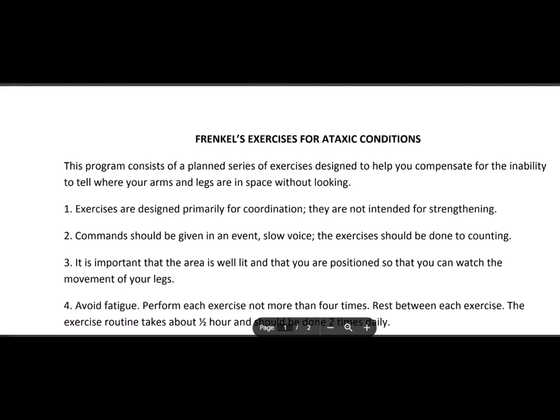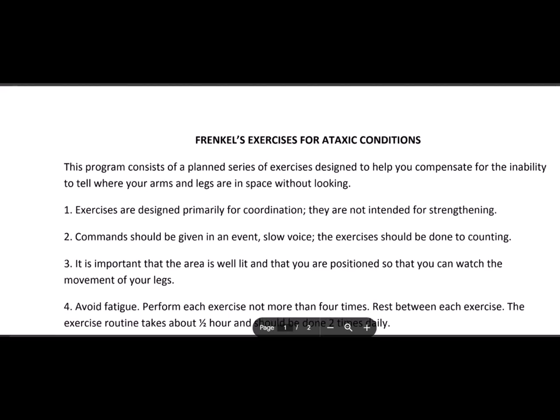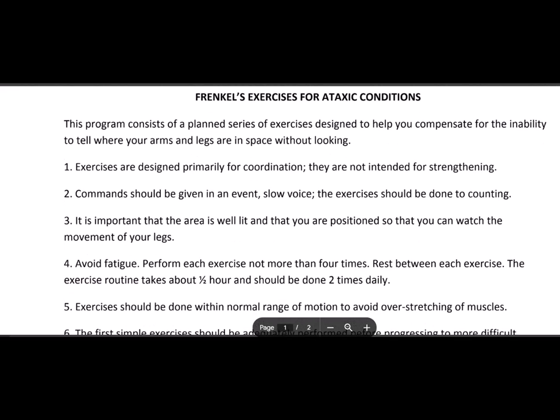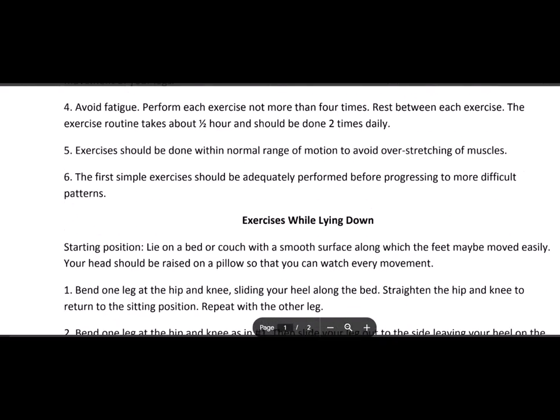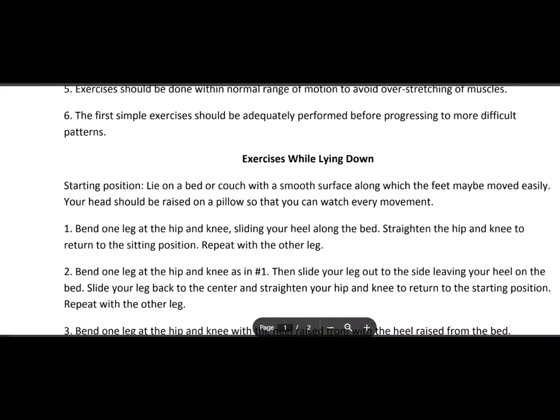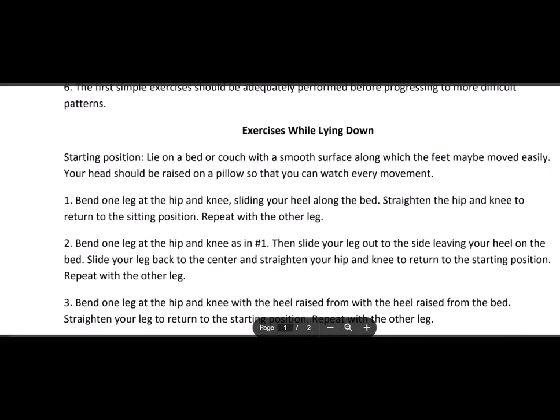They're not strengthening. They should be done very slowly, very evenly, and as accurately as possible. You're not going for speed, you're going for accuracy of movement, and you want to avoid fatigue as much as possible. Essentially, you're going to start exercises lying down, and you just follow the exercises in order with your patient.